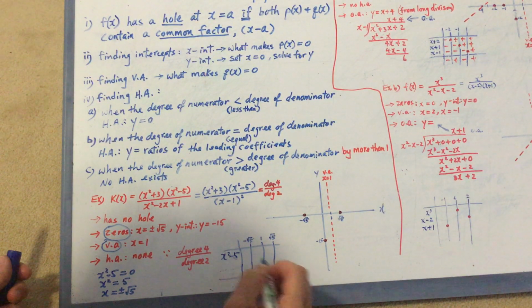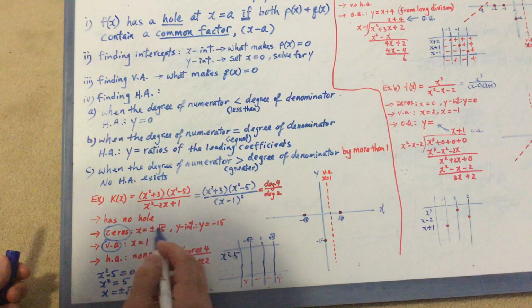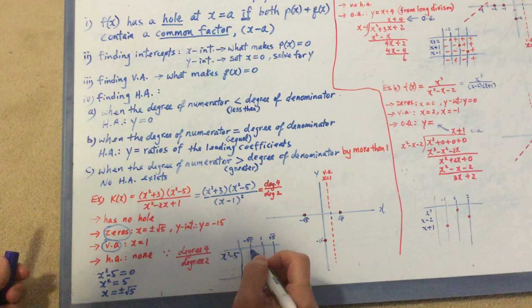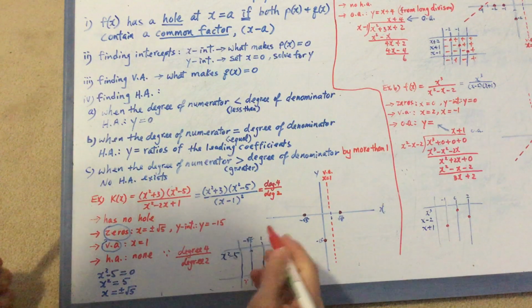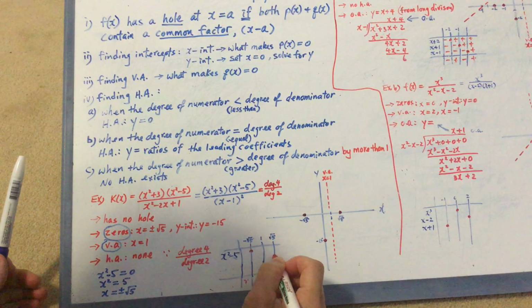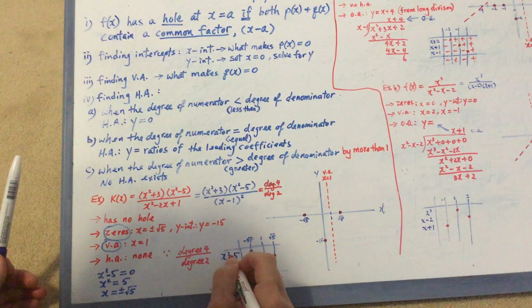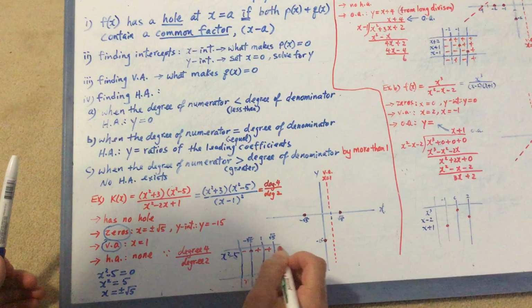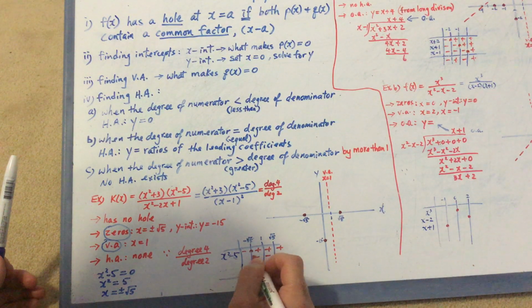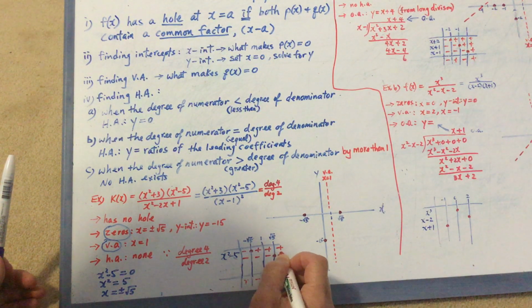Because this is x squared minus 5, I know that there are two zeros. So one of the zeros happens in here, and one of the zeros happens in there. So if I do this factor here with two rows, I get a negative, positive, positive, positive, and a negative, negative, negative, positive here.